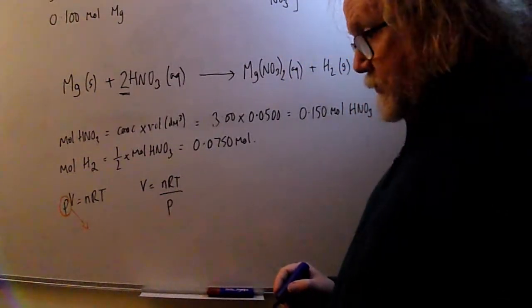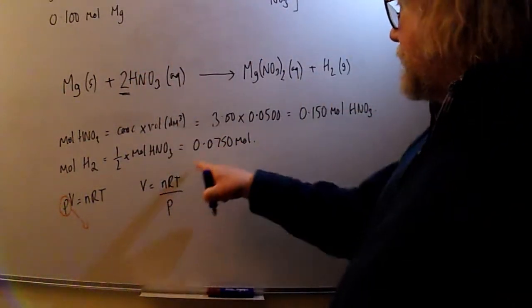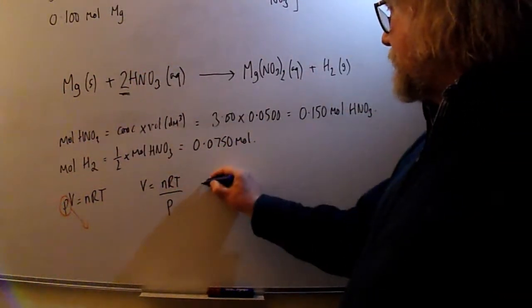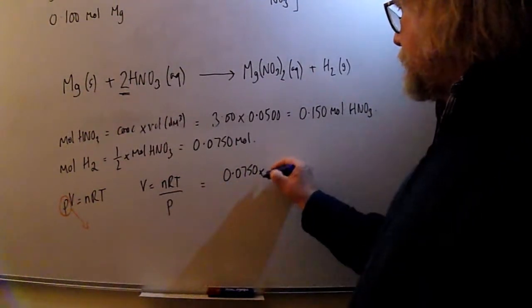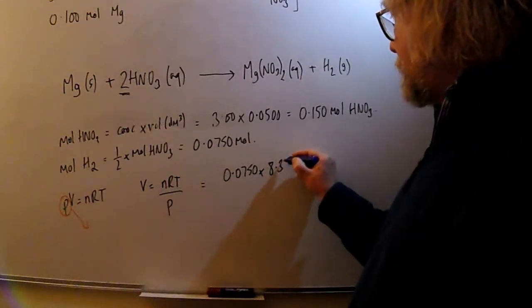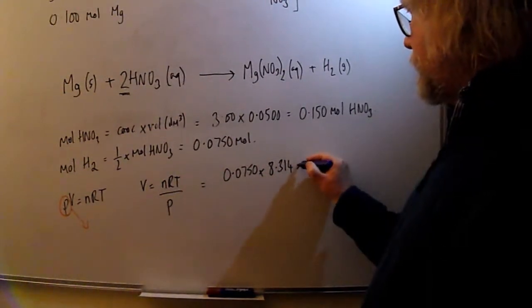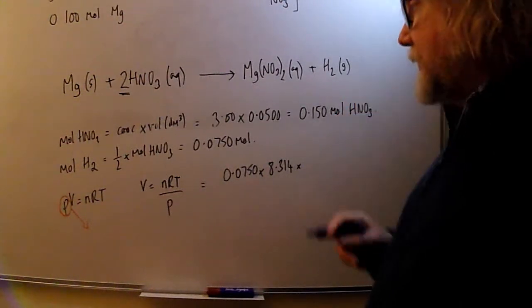So now we've just got to put the numbers in. So it tells us, well, we know n because that's moles, so that's what we've just worked out, 0.0750. R is the gas constant, which is on your data sheet, so you just copy that one down from your data sheet, is 8.314. And T is the temperature, but you've got to be careful because it's got to be temperature in Kelvin.